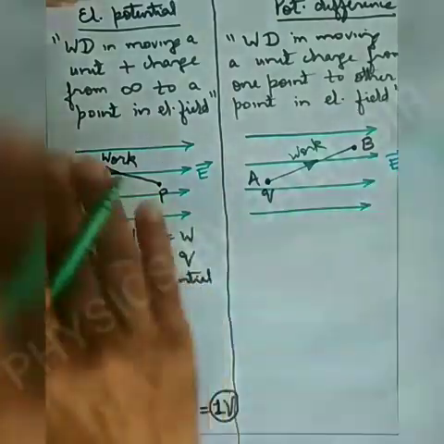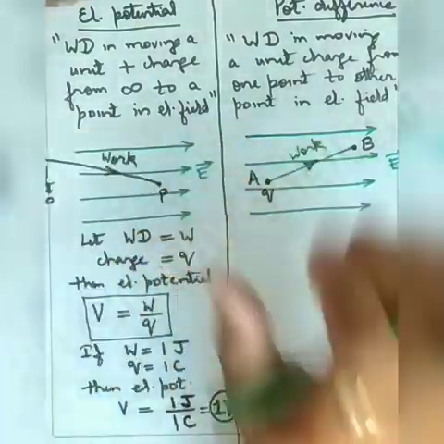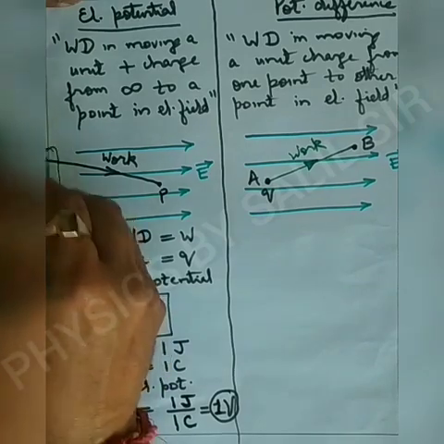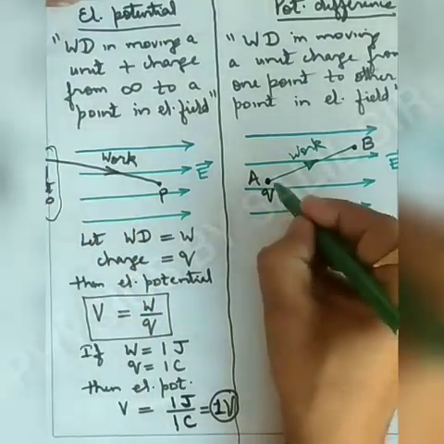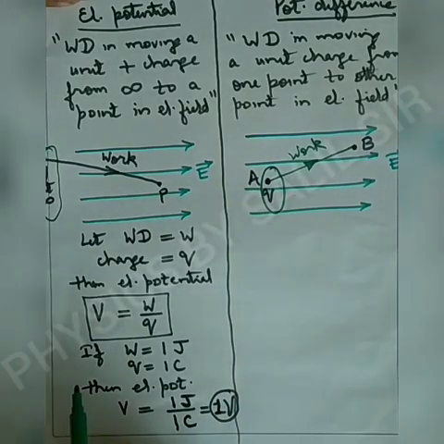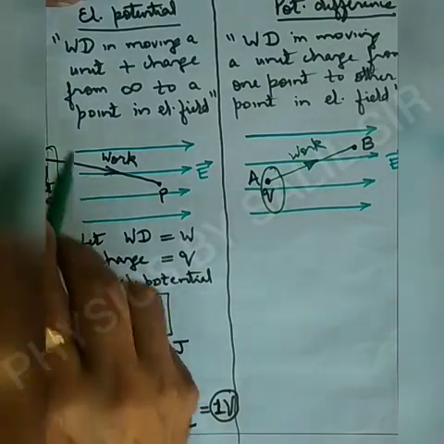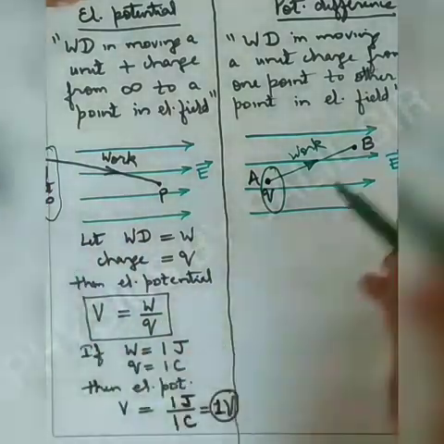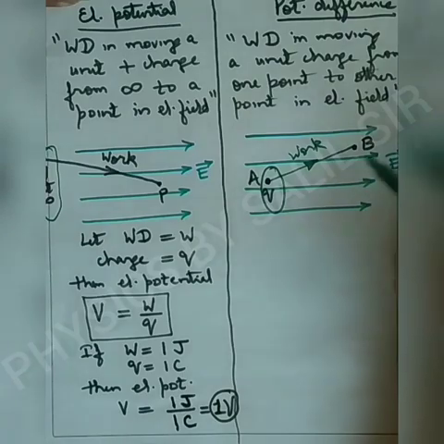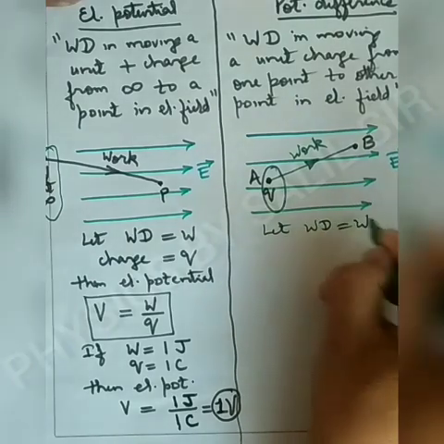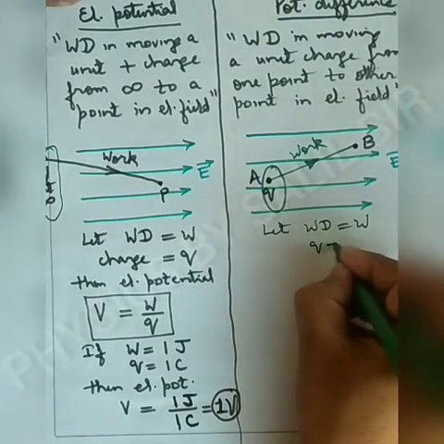This is the main difference between electric potential and potential difference. In electric potential, the unit charge is kept at infinity, but here the unit charge is within the electric field. So more work is done in electric potential, but as compared, less work is done in potential difference. Let work done be W and Q the charge.